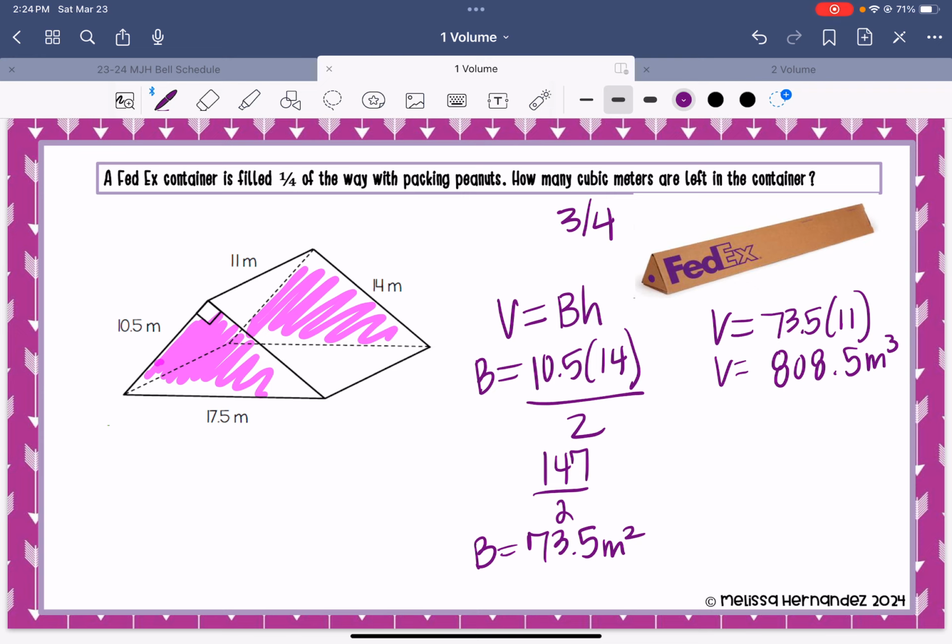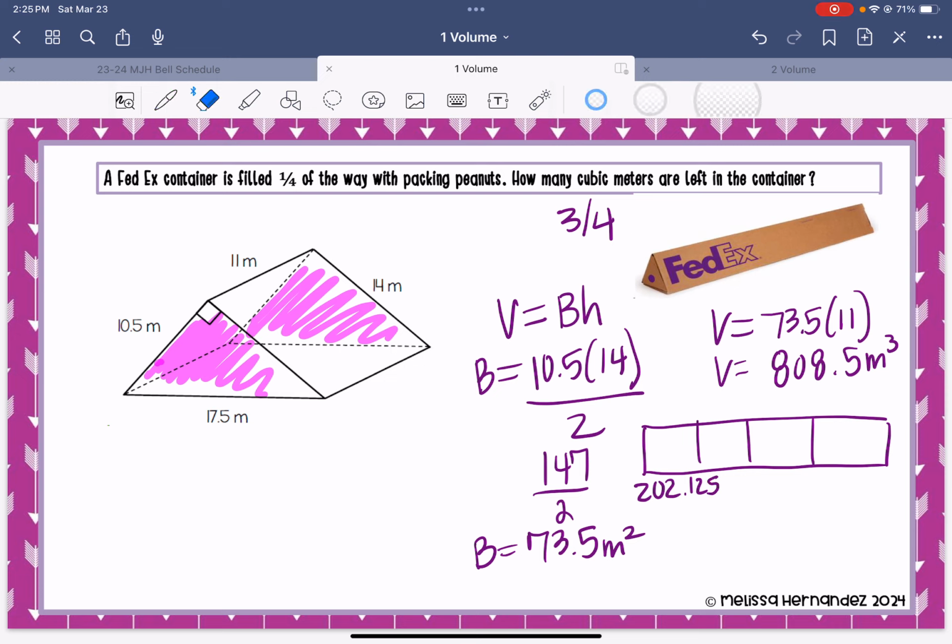That's completely full. I would like to draw a visual. It's not the only way you can do it. It's just one option. All 4 of them are 808.5. I need to know what each piece is worth. It's 202.125.